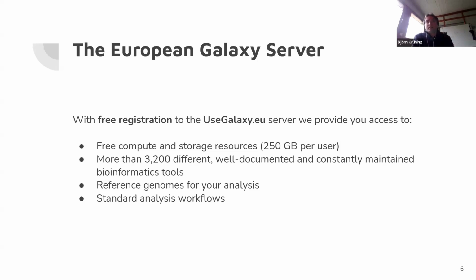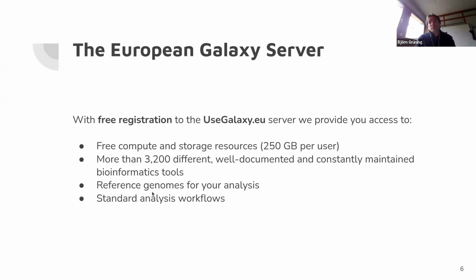So if you need more than 250 gigabytes, let us know and we can provide that. We also provide a bunch of reference genomes by default and a bunch of standard machine learning tools with models. This is the stuff I told you about, getting reference data in.